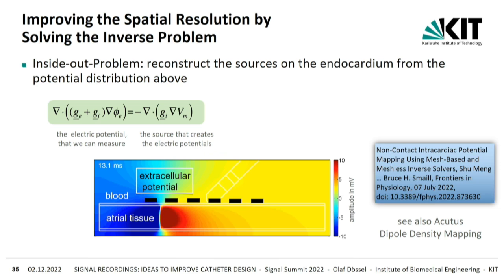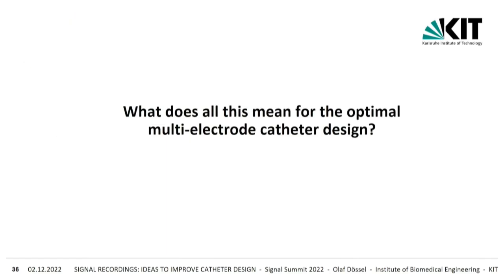And we think it will also be important in the future to solve the inverse problem for the electrodes that are touching the endocardium. We can still solve the inverse problem and go down really to the sources that create the signals, the dipole layer, and by that get a better spatial resolution.